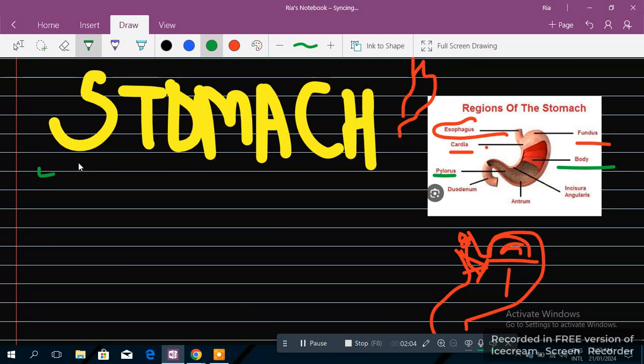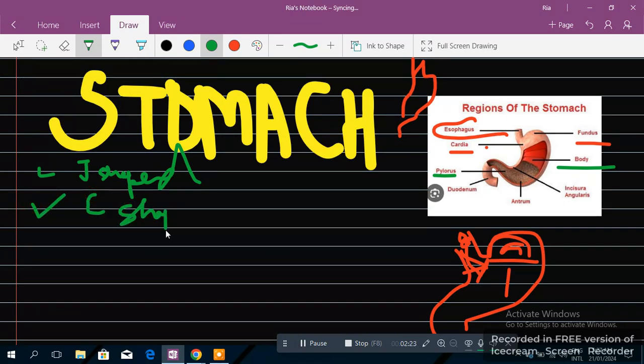You might have seen in books that the stomach is a J-shaped structure. It's literally not J-shaped. This does not seem like a J. However, the stomach is C-shaped.